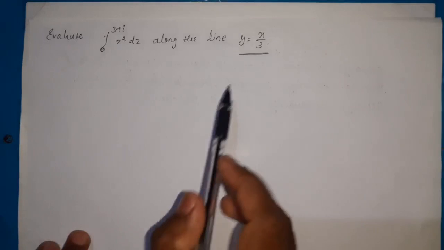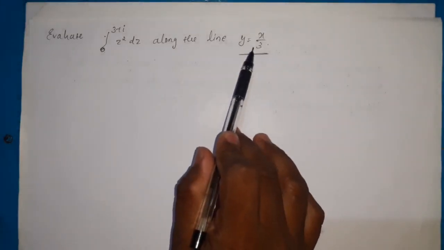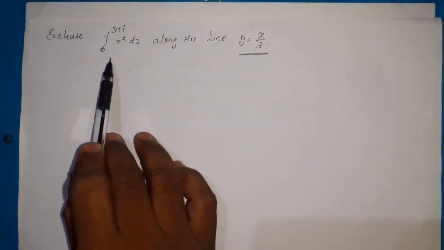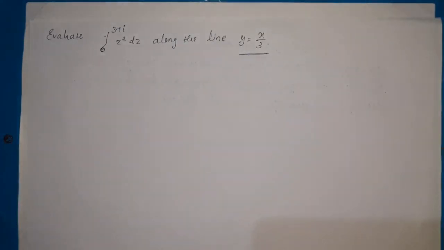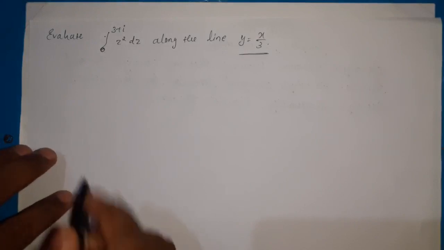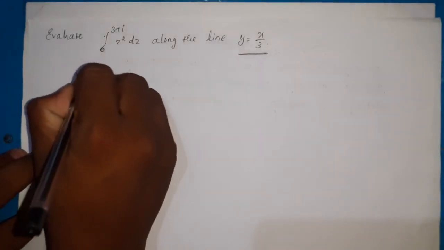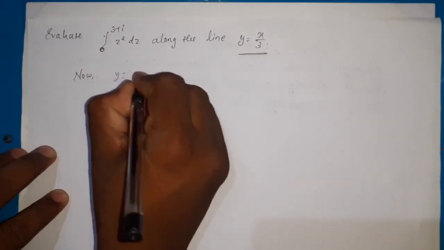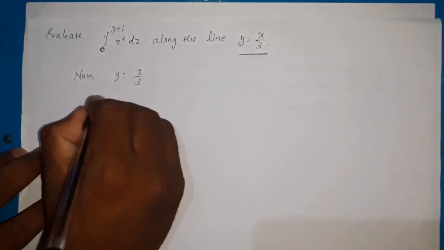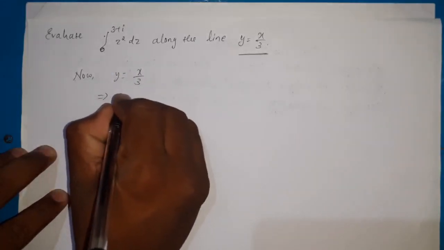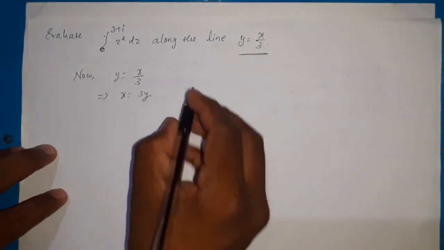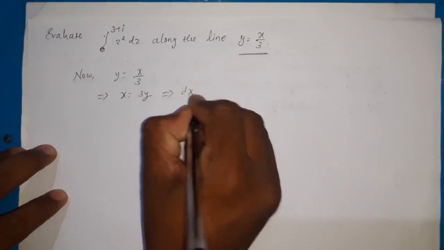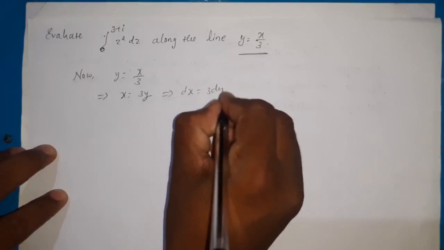Here this line is used to reduce the function z equal to x plus iy to a function of a single variable. So now let us consider the given line, that is y is equal to x by 3. It implies that x is equal to 3y. Then differentiating on both sides, it implies dx equal to 3 dy.